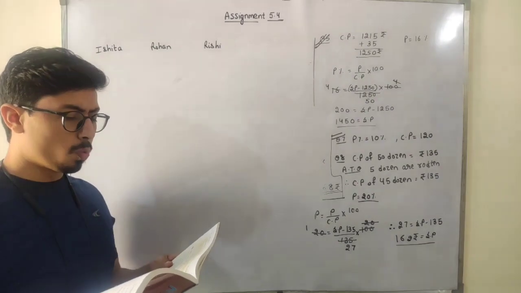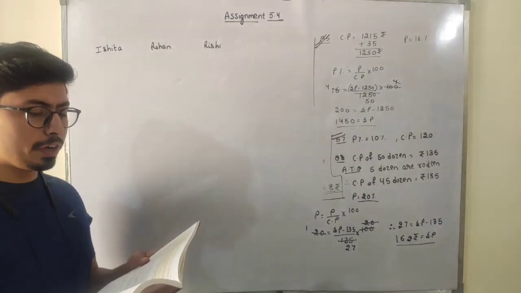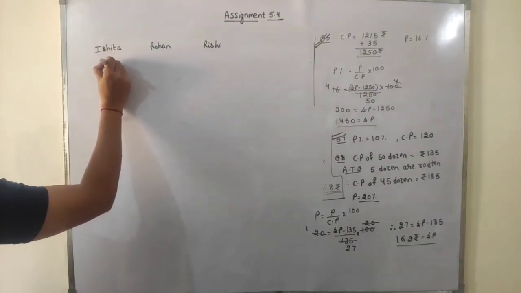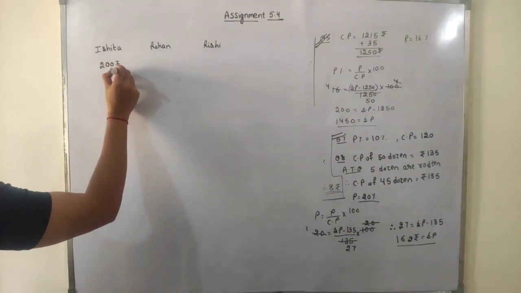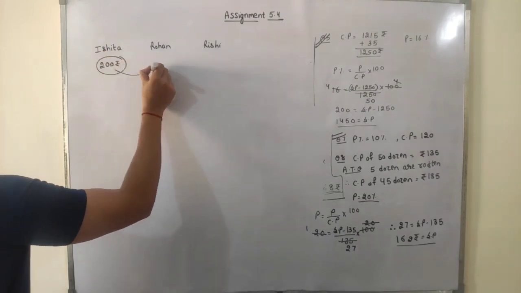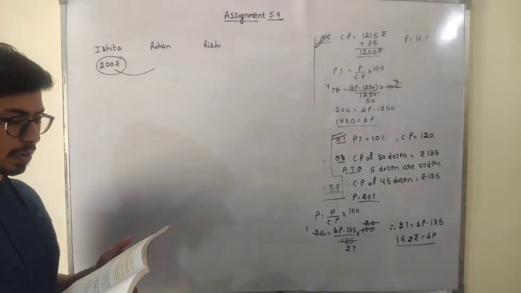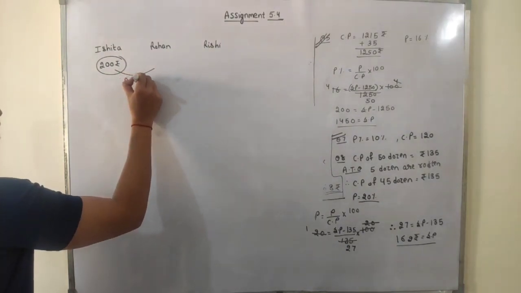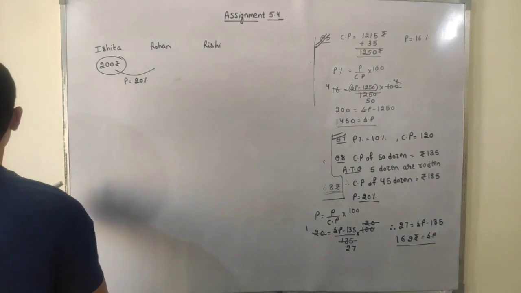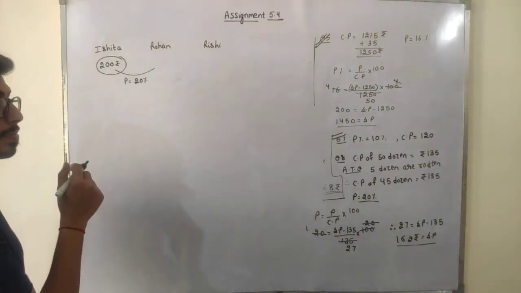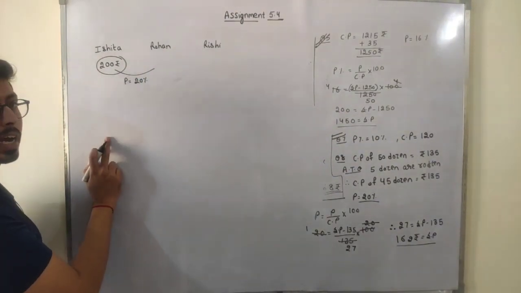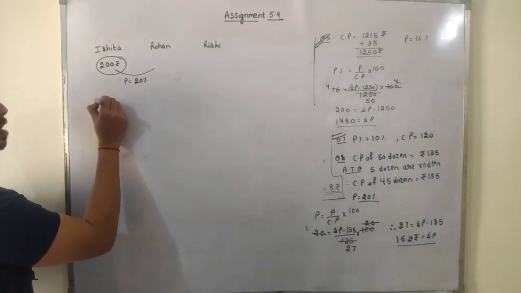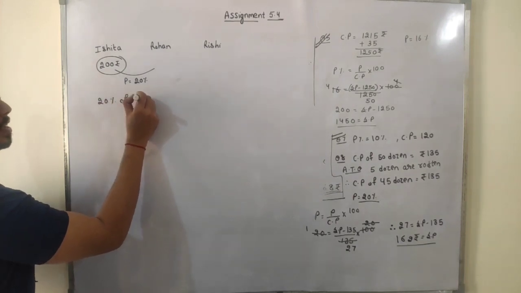Now just see students, Ishita sold a book worth rupees 200 at a profit of 20% to Rohan. Okay. Ishita has a book of rupees 200. He sold this book to Rohan at a profit of 20%. Now just see students, if the cost price is this and a profit of 20% is taken, 20% of this means 20% of 200.